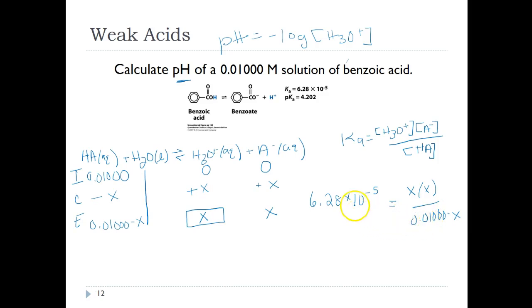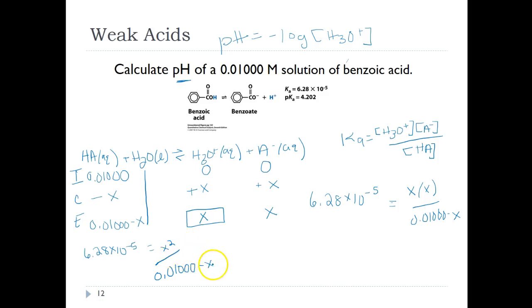So now we need to take this equation and do some algebra to solve for X. Simplifying this a little bit, X times X is an X squared, so I'm just going to write it that way. 6.28 times 10 to the negative fifth equals X squared over 0.01000 minus X. So we clearly see we have an X squared term.